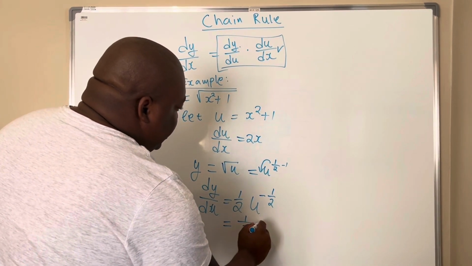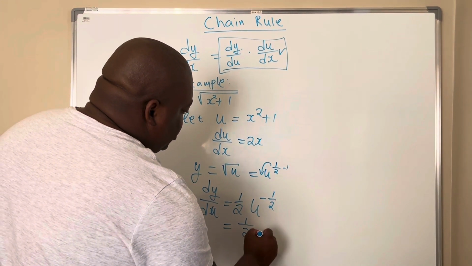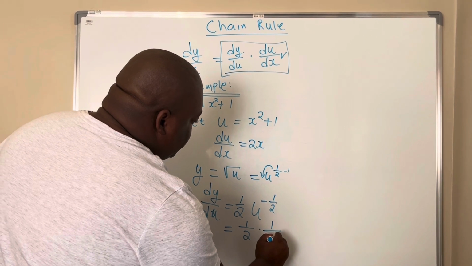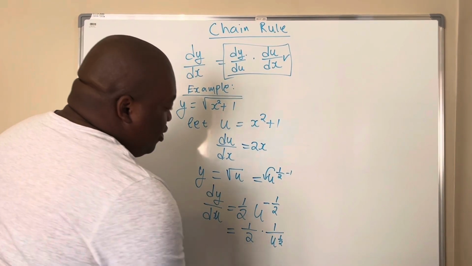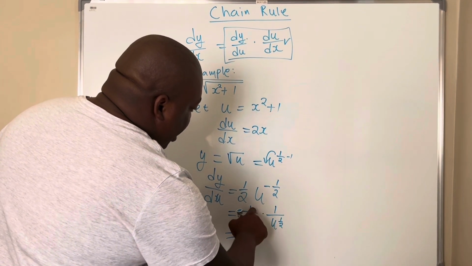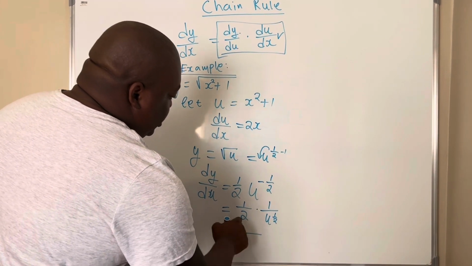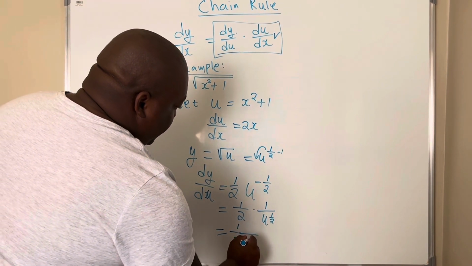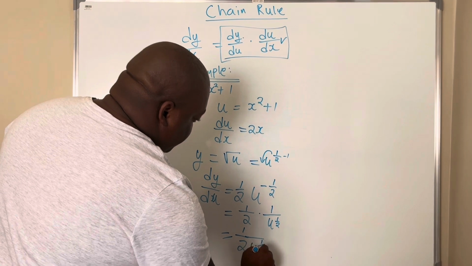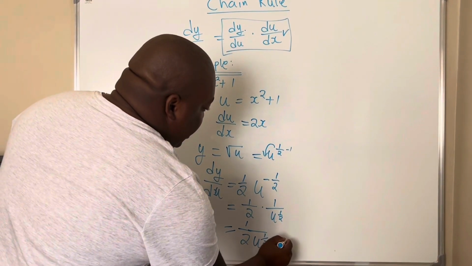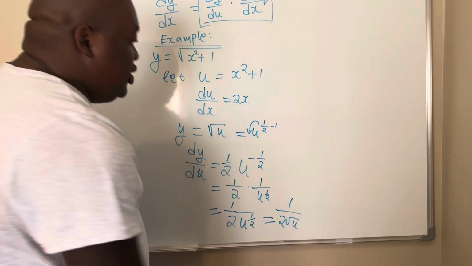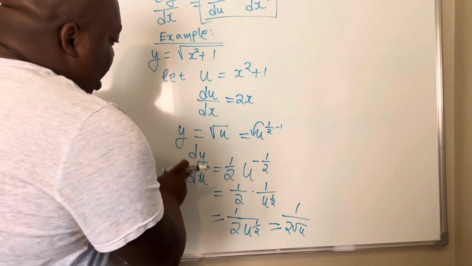In other words, this will be the same as 1 over 2 multiplied by 1 over u to the half. Or you can multiply them out, 1 times 1, which is 1, 2 times u to the power half, which will be 2u to the half. Or you can write it as 1 over 2 square root of u. Now that's the derivative dy du.